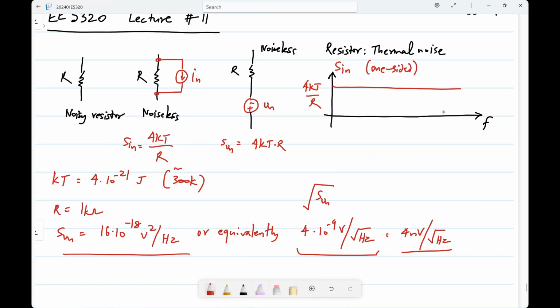What is the noise variance or noise sigma? You have to multiply it by the square root of the bandwidth. Okay, so you multiply the spectral density by the bandwidth and take the square root, or you multiply this by the square root of the bandwidth. If you have 1 megahertz bandwidth, you will get how much? 4 microvolts.